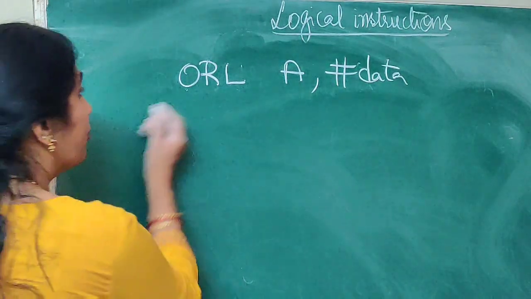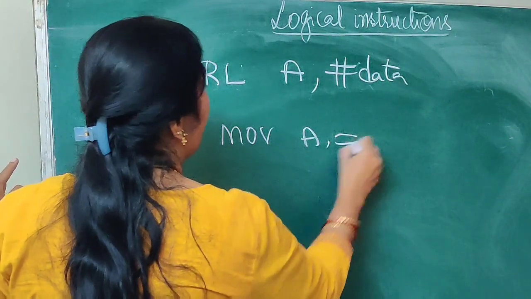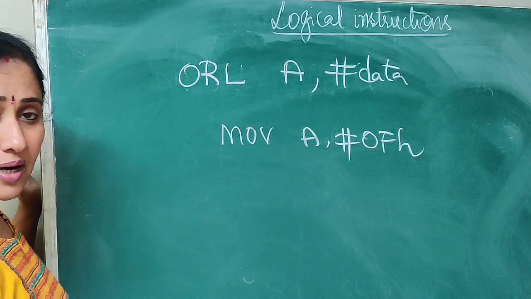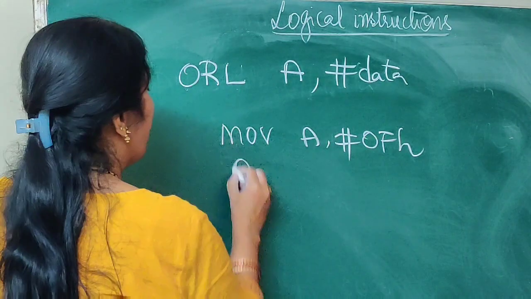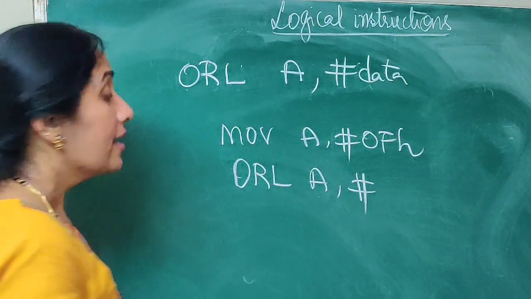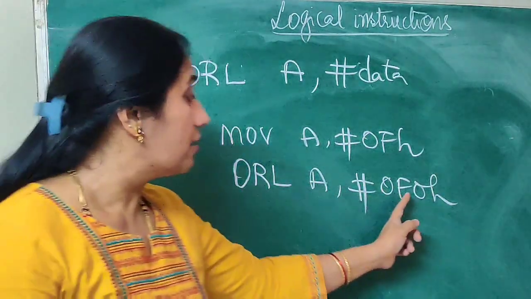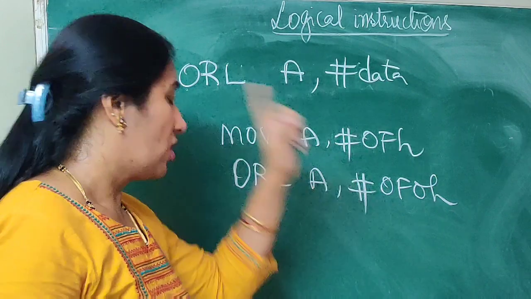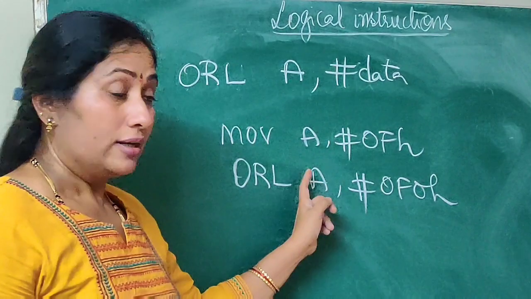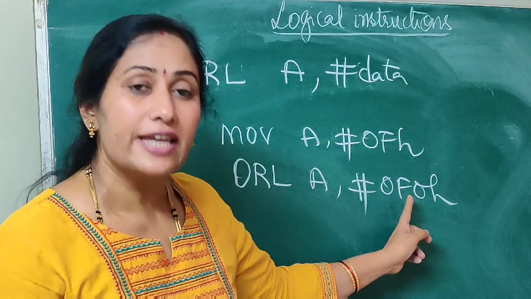Let me give an example for this one. Say move into the accumulator hash 0F hex. Now if I write ORL A, hash F0 hex, that means I have loaded the accumulator with 0F hex, and I am making the OR operation between the contents of the accumulator and the immediate data, that is F0 hex.